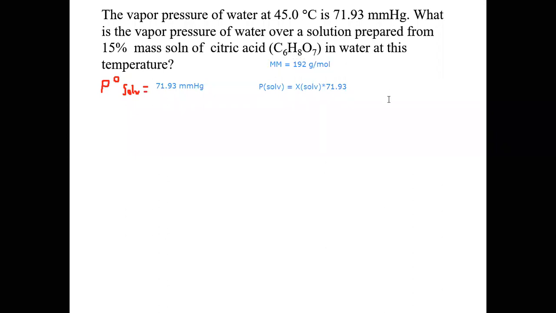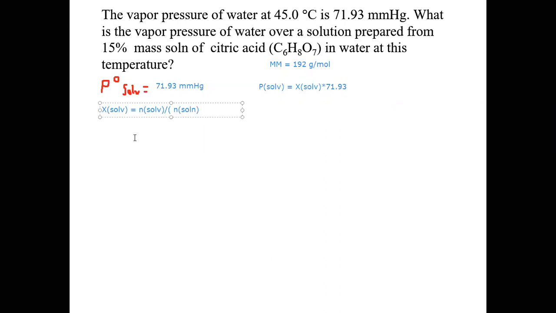All right. Now the question is, how do we get from mass percent to mole fraction? And remember, mole fraction involves moles of solvent divided by the moles of solution.